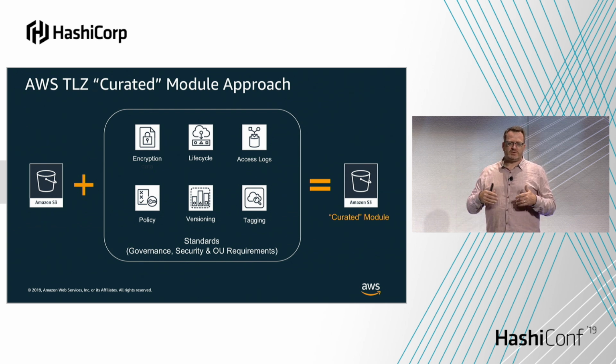Things are moving at an intensive pace, and new services are coming out all the time. We're not always going to have a curated module for these. So if we have a new feature or a new service that somebody wants to try in S3, maybe they can go and grab that. We don't want to put any restrictions on them. They can grab that resource. But if they're not doing encryption on it, we block it. So at least they have to come up to the baseline and the governance standards.